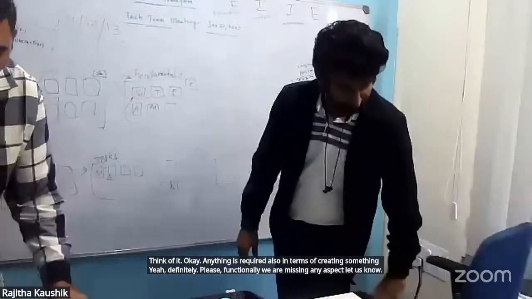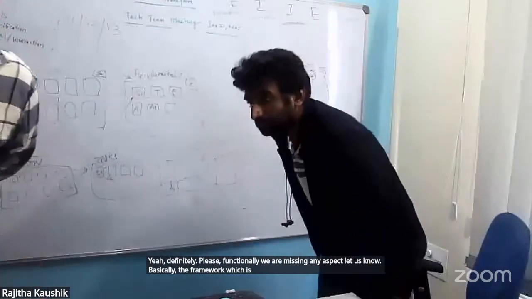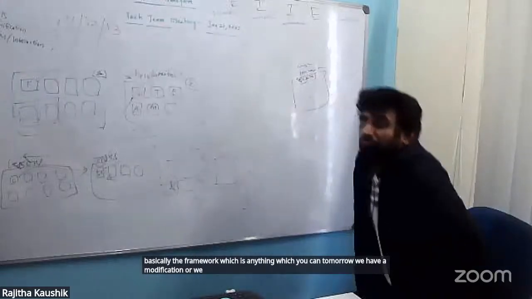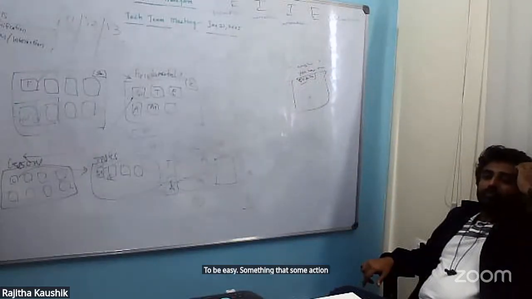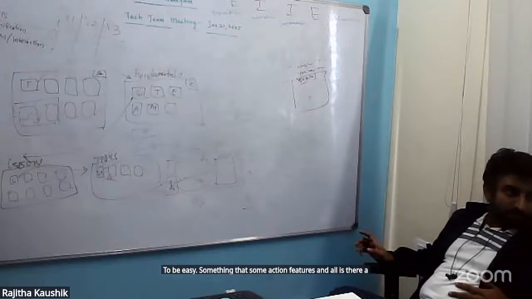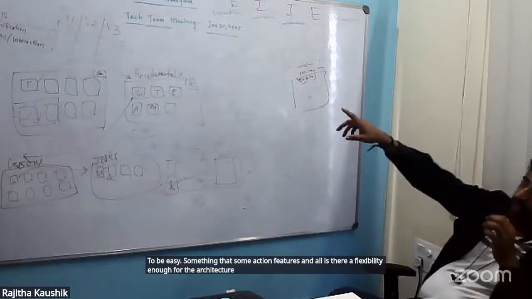Basically, for a framework, anything which we have to modify tomorrow, like some action features, should not be difficult. Is there enough flexibility in the architecture to add something? Is that what you're asking?